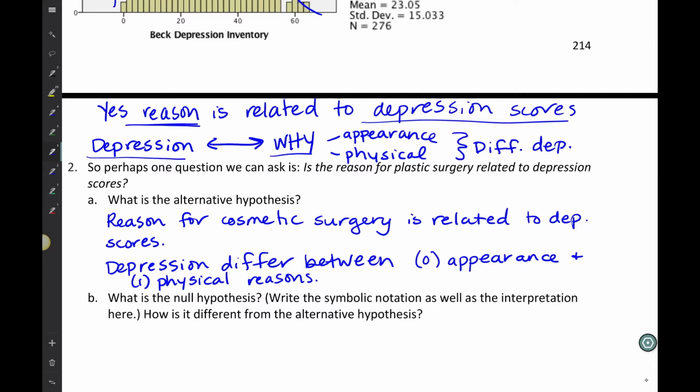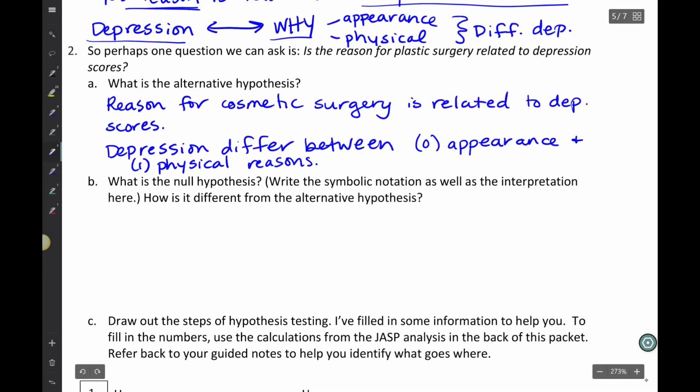All right, so we would not expect these two groups to be the same if depression is related to why they're doing it. What is the null hypothesis?